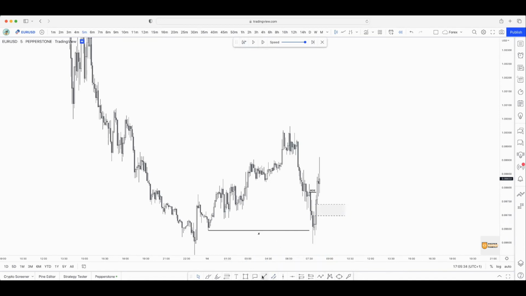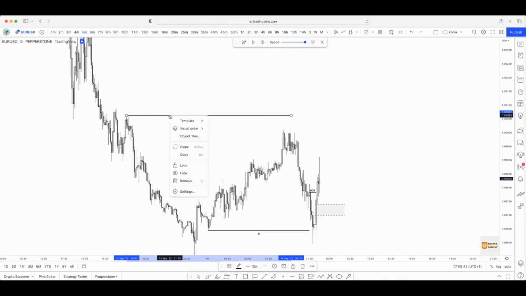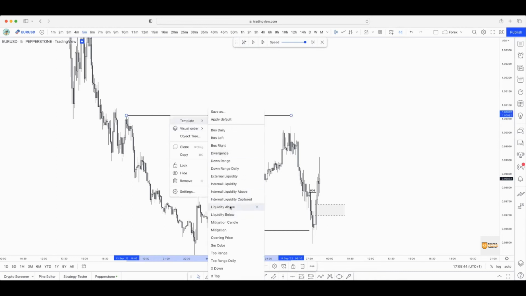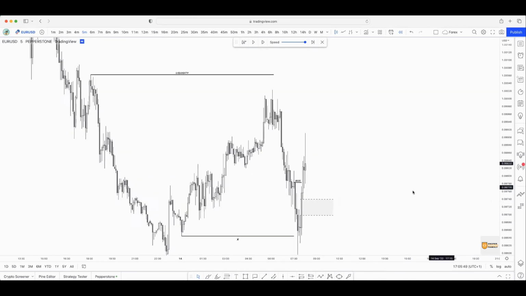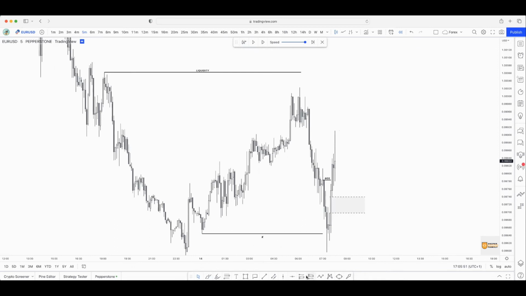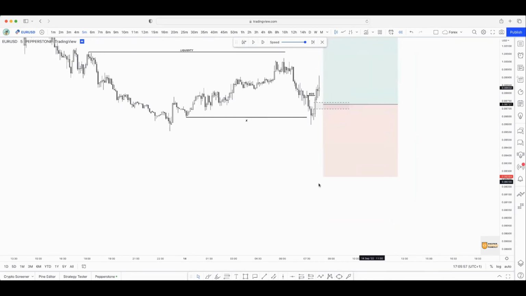Okay. And then we have this liquidity just resting here. So we have this external liquidity at the top, which I wanted to capture. So seeing this big push up, I just went in straight with a limit order. Right.